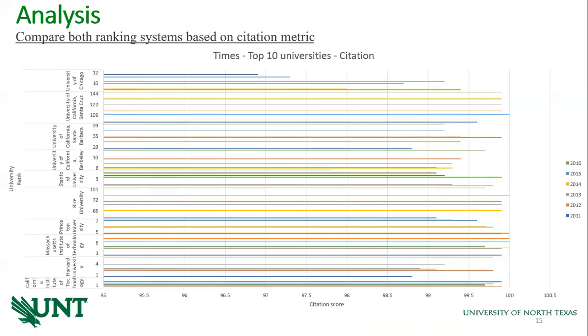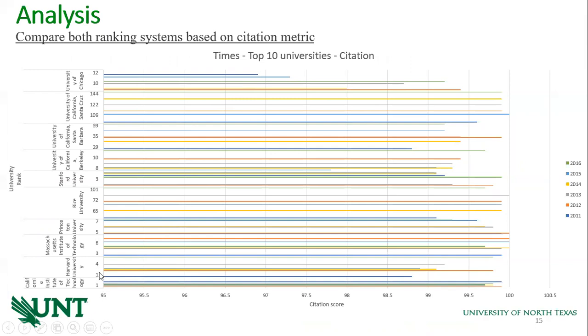And then I'm comparing both ranking systems based on the citation metric, right? As I mentioned, citation metric is the only attribute that we have in both ranking systems. So in the top 10 universities, the universities that got the best citation score also have the best overall rank.